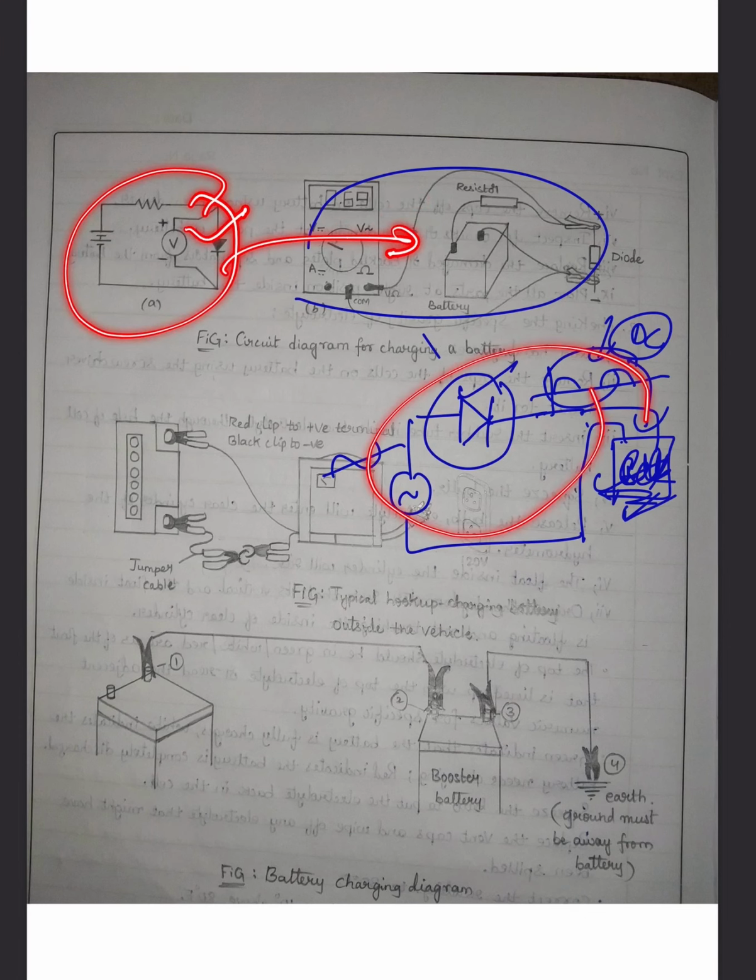What is the voltage across this diode? You can find this by using this voltmeter. This is the circuit diagram. This is the practical diagram. This is the voltage source. Yes, this is the diode.